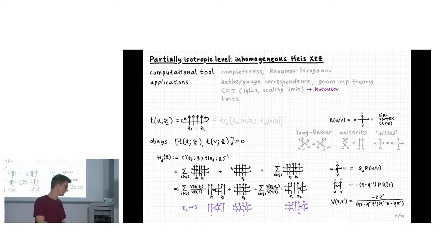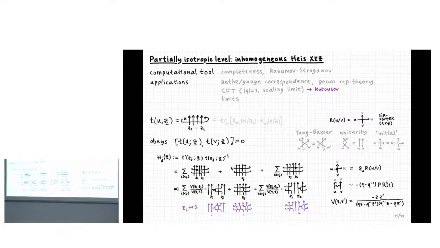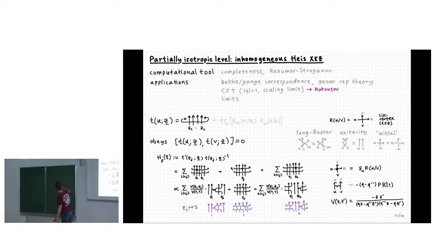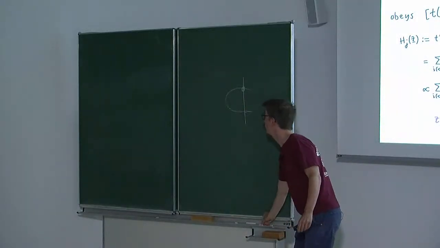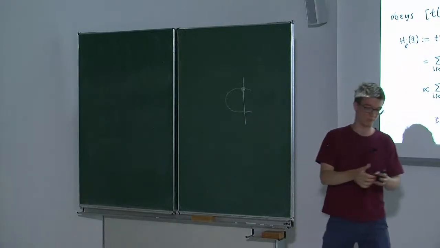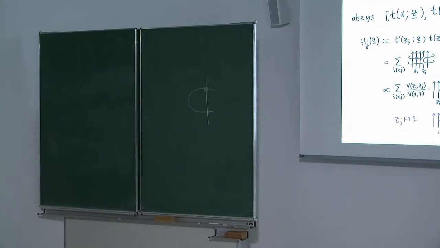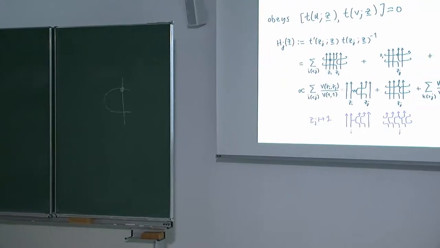The next step in the computation, which is a little bit non-trivial, is to notice that, well, I guess I should really draw this. We have now reduced our computation to mostly these types of pictures: an R matrix here, and then the derivative of the R matrix here. What you can show is that this picture simplifies to something nice. Namely, it basically becomes what I denote by this wiggly line.